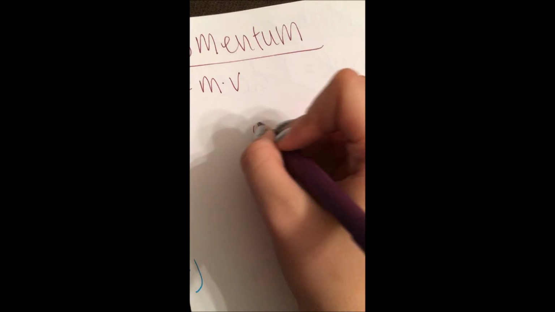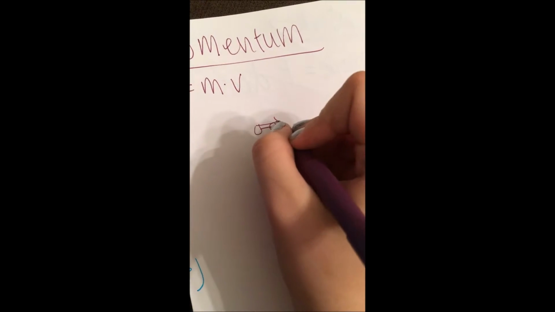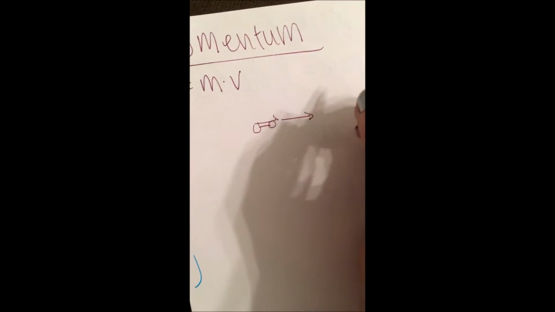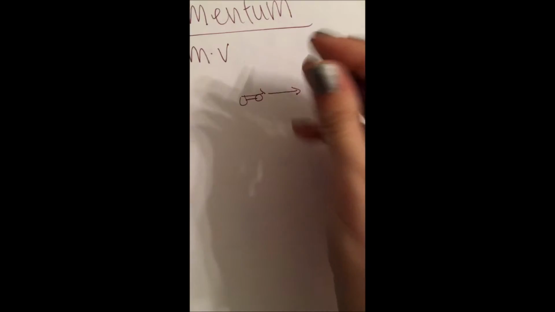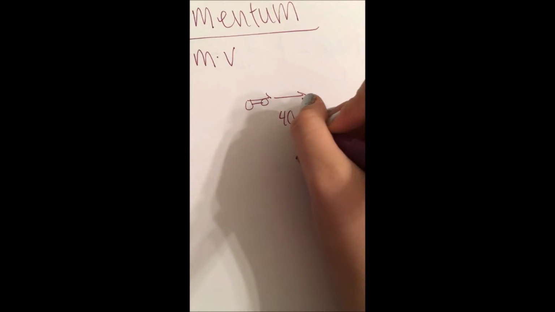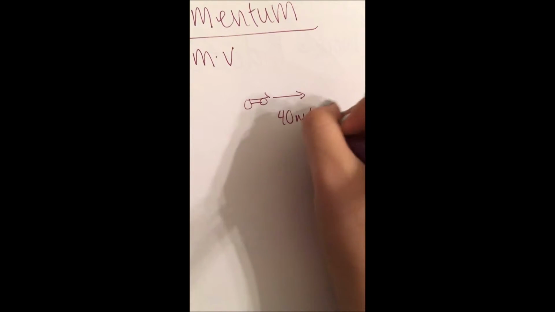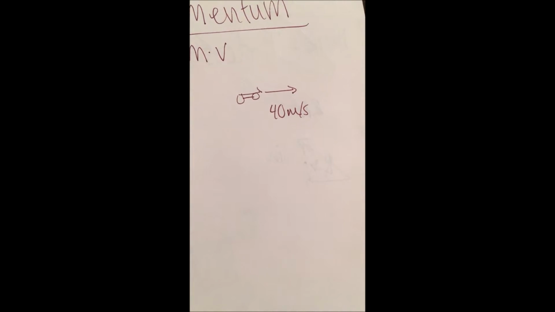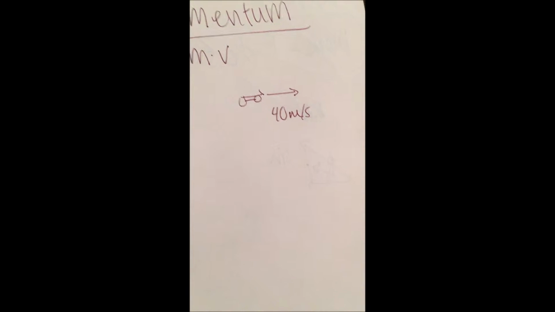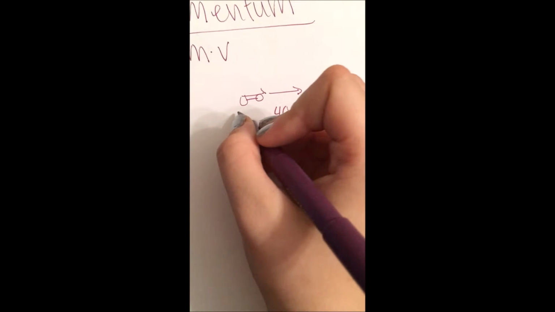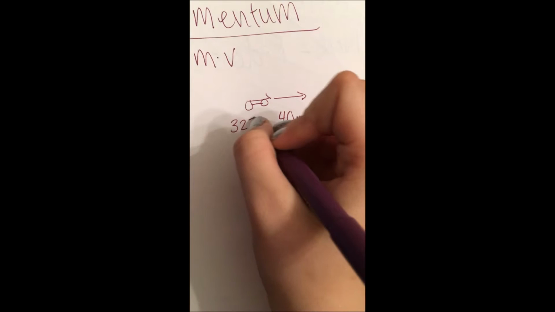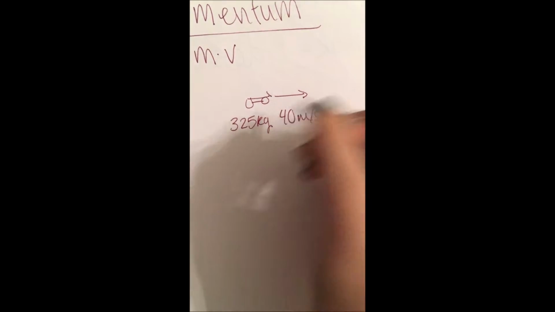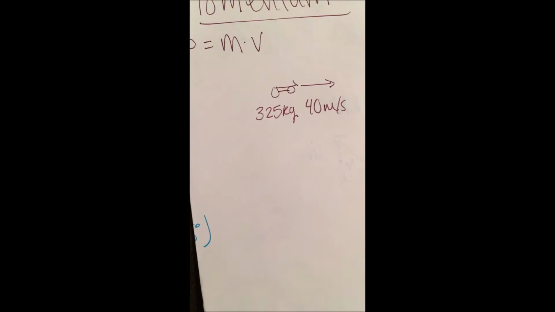So if we have a motorcycle going at 40 meters per second, which is actually pretty slow, and weighs 325 kilograms, what would its momentum be?